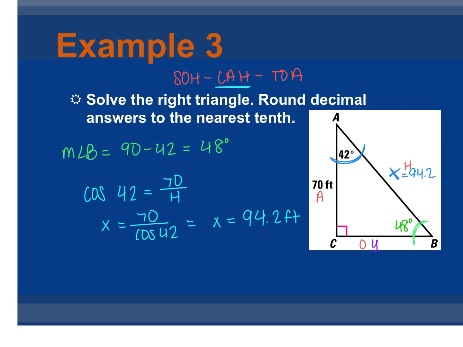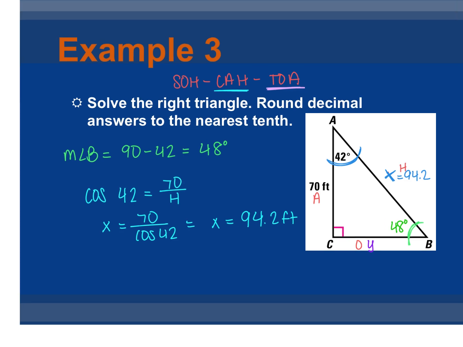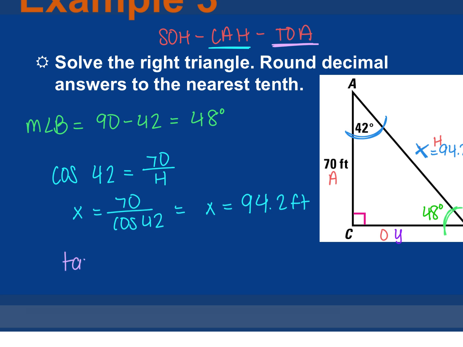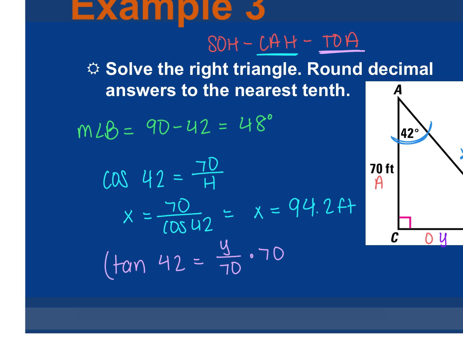And then solving for what's left, which is my purple side, my y. I have my adjacent side and my opposite side according to my 42, which is my tangent. So I'm going to have tan 42 is equal to opposite over adjacent, multiplying both sides by 70.